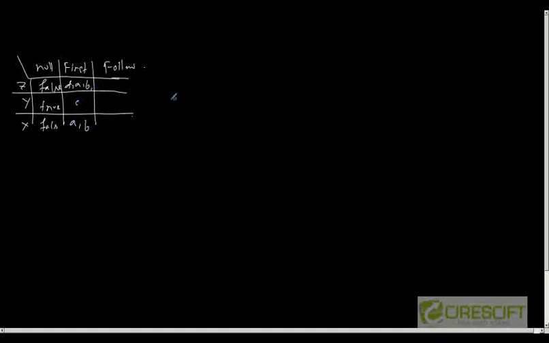Now let us calculate the follow function. In the first iteration, I have Z as XYZ, and Z as D, and X as a and X as b Y e. So I'll initialize first.